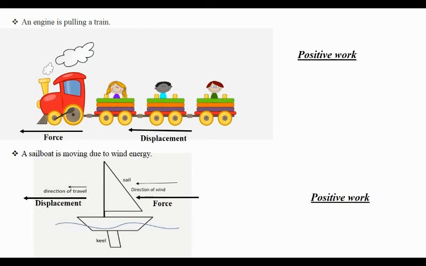Now let's find out the conclusion from our daily life activities. We apply force in various directions: at 90 degrees, at 0 degrees, or opposite to the displacement. Likewise, we have to find the work done also. From this activity we find some conclusions.